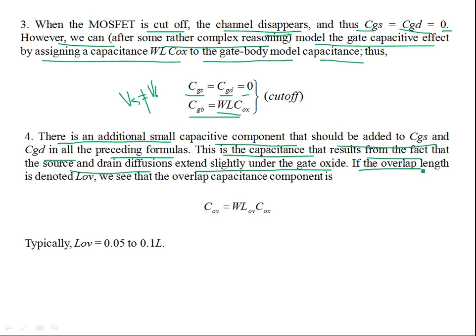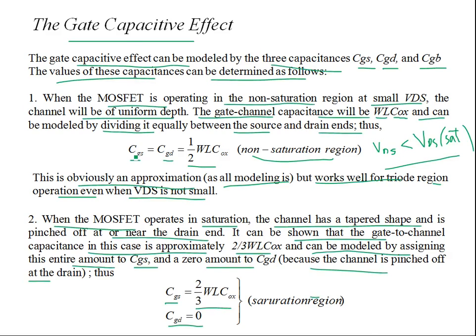If the overlap length is denoted by LOV, which could be 5 to 10% of the channel length, the overlap capacitance is given by W LOV Cox, which is again a very small capacitance that should be included in the CGD and CGS models.